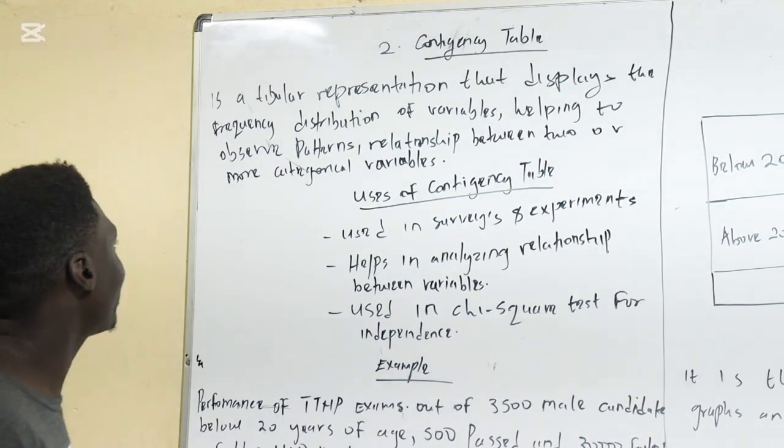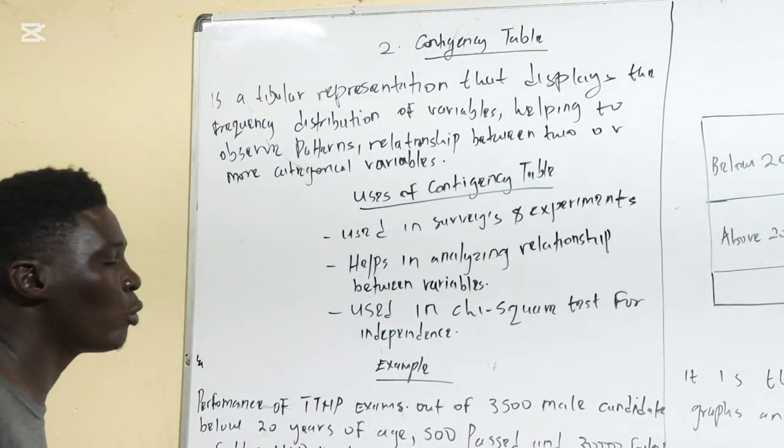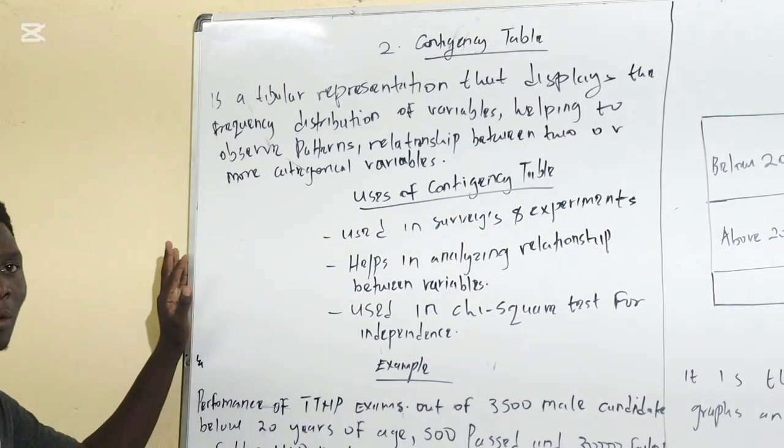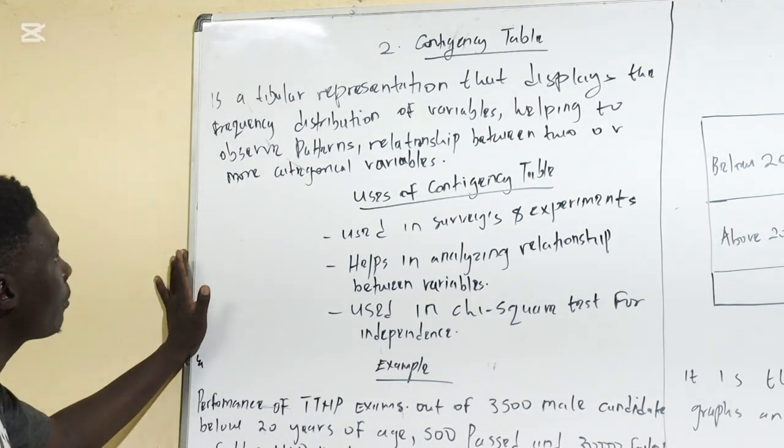Remember, we had already talked about categorical variable, which we stated examples that were ordinal and nominal data. So when I talk about categorical variables, you understand what a categorical variable is.